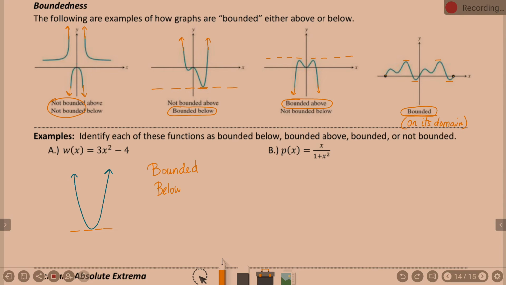And generally speaking, I'll be happy with bounded below. But what is that lowest y value it doesn't go below? Yeah, so I'm going to say bounded below at y equals negative 4. But in all honesty, bounded below is what I'm looking for there. The fact that my graph will never have a y value lower than negative 4.